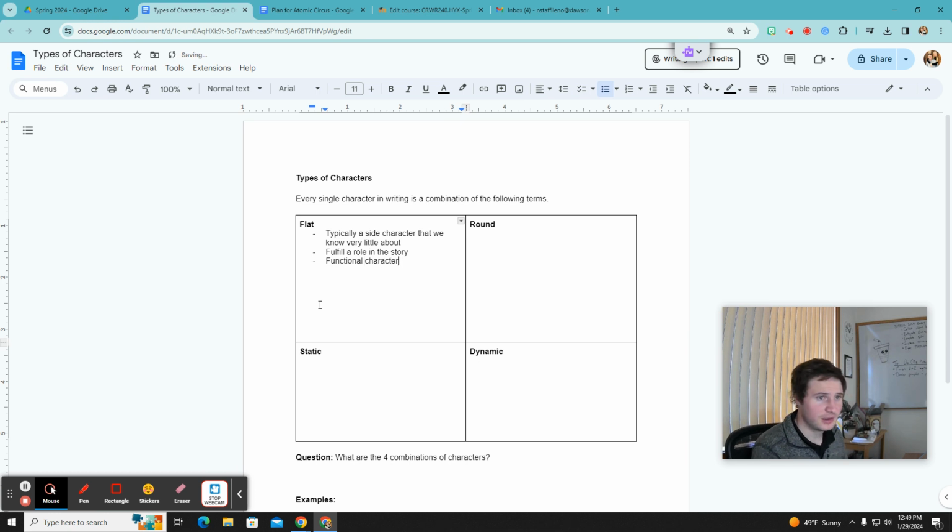Functional characters, okay? A flat character is going to do exactly one thing in the story. We don't need to know their personalities. We don't need to know personality traits.